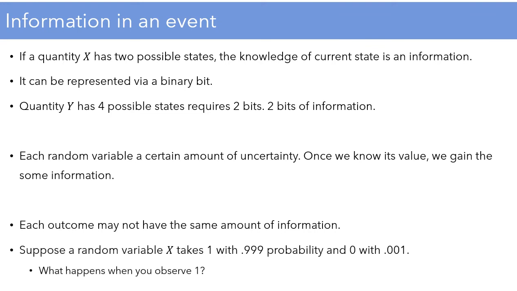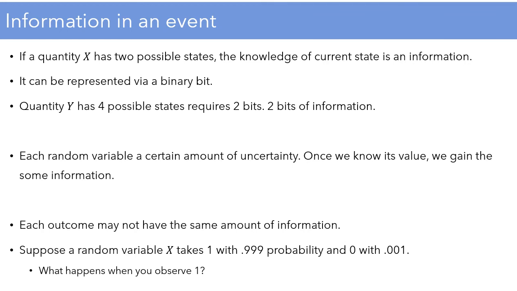Suppose a random variable x takes 1 with 99.9% probability and 0 with 0.1% probability. So if you observe 1, you are probably not getting much surprise, you're not getting much information because you have already expected x to be almost 1. But if you receive 0, you have received some information. So whenever you observe an unlikely event, that observation has high information. You can think from a lottery point of view.